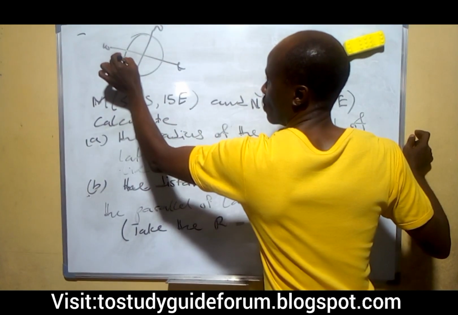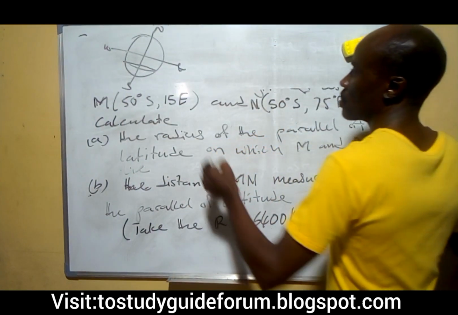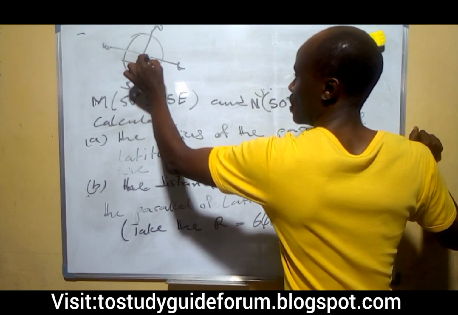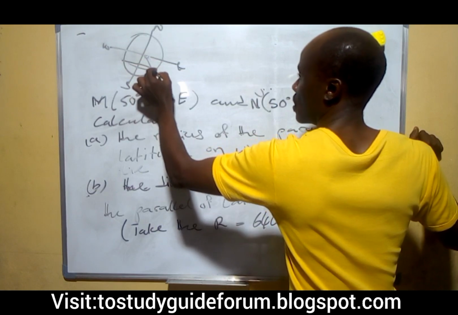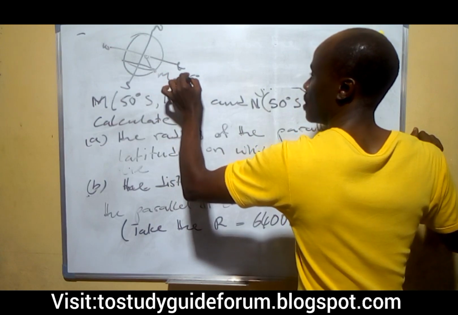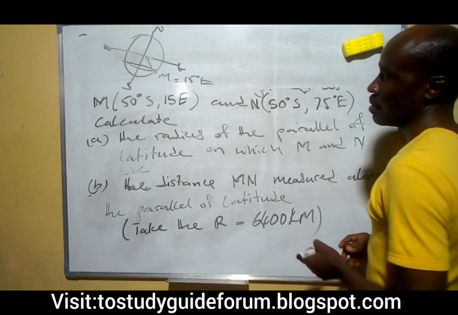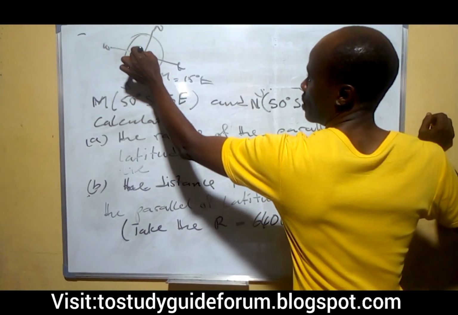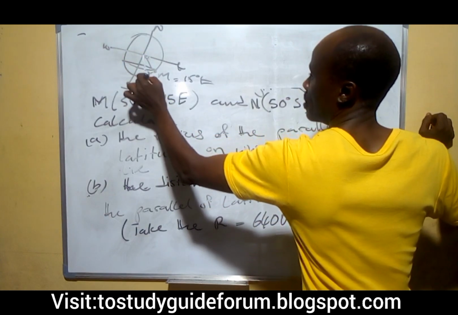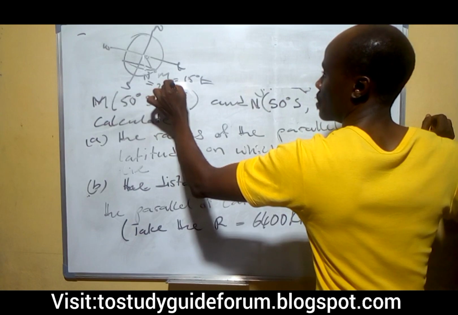That means since this place is south, you can take any of these places. The other one is east. The first one from here is 15 degrees east. That means M is equal to 15 degrees east. The second one is N equals 75 degrees east.